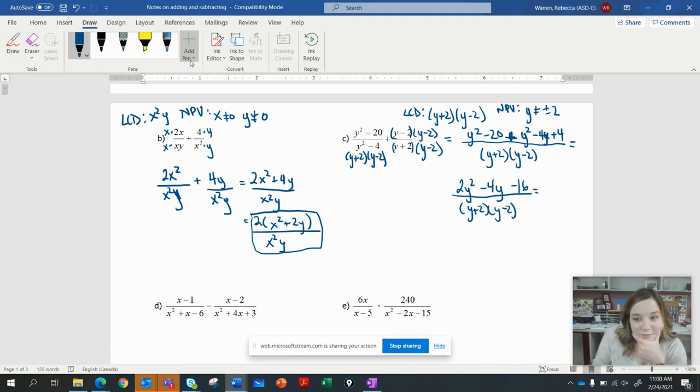Factor out the 2. And then see if it factors further, which it does.